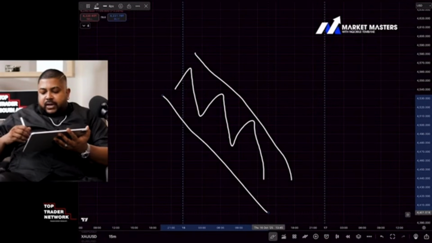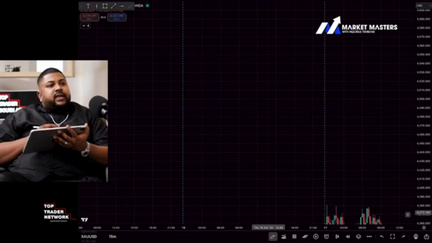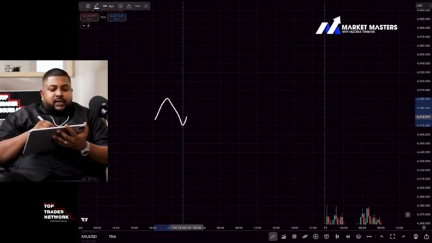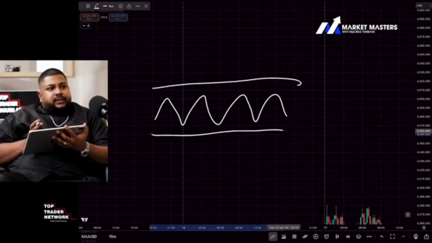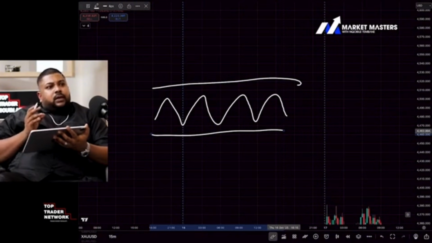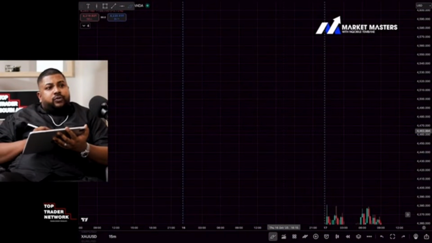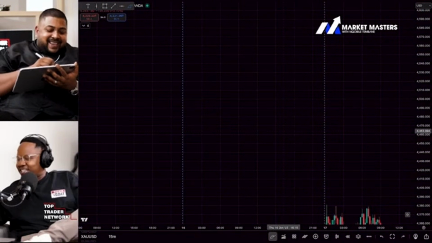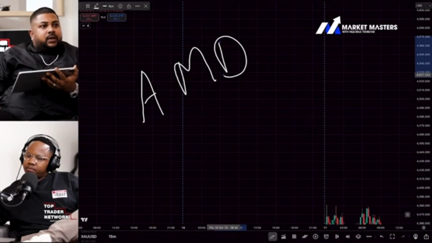And then a very important one: I've just shown you that the market can move in two ways, but the other way that it moves is in a range, which is an accumulation phase as well. Some people call that consolidation. But it all boils down to what we actually teach and what we actually do, which is, drum roll, AMD: accumulation, manipulation, and distribution.